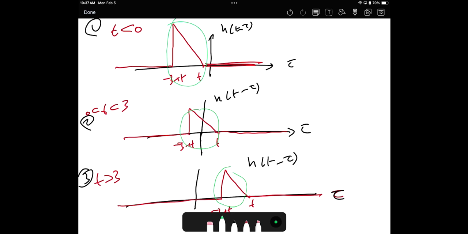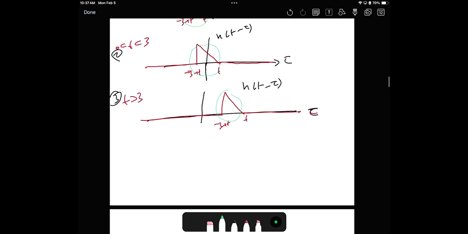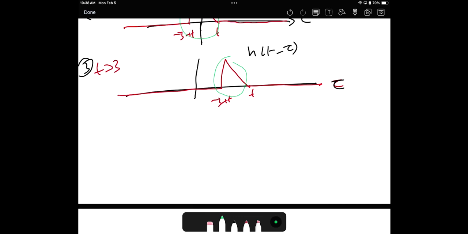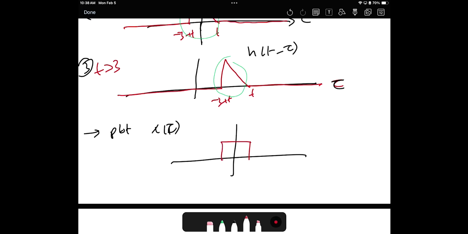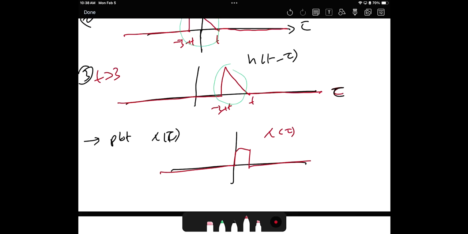After calculating h of t minus tau, the next thing is to plot x of t. Assume x of t is given, and we make it x of tau. Any waveform, for example a square, whatever it is, will be like this. Then for the convolution, you put them together and calculate the area.